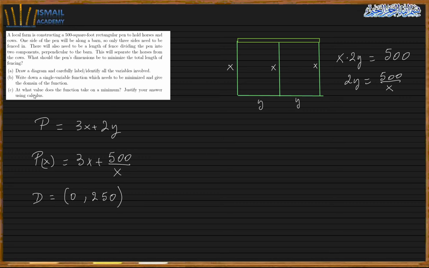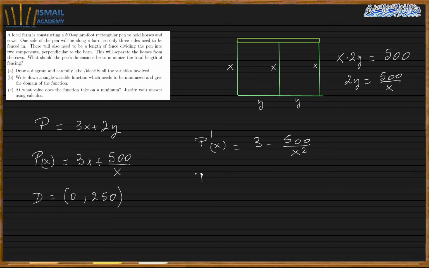Alright, at what value does the function take a minimum? So here I need to take the derivative. When they ask for minimum or maximum, use the derivative. So P prime of x is going to be 3 minus 500 over x squared. Now because I'm looking for the minimum, I make it equal to 0.